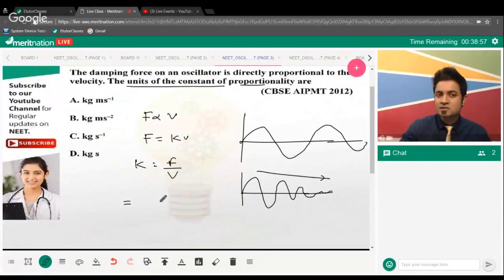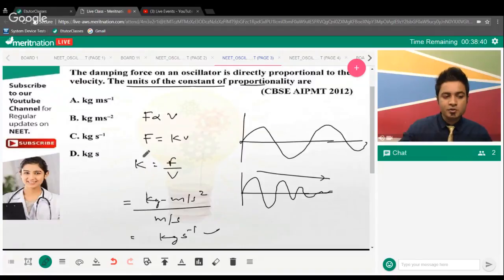That is mass into acceleration, like kg meter per second square. Similarly, velocity has dimension meter per second, isn't it? So we are getting kg per second, sorry. So this one is the correct option. So yes, C.